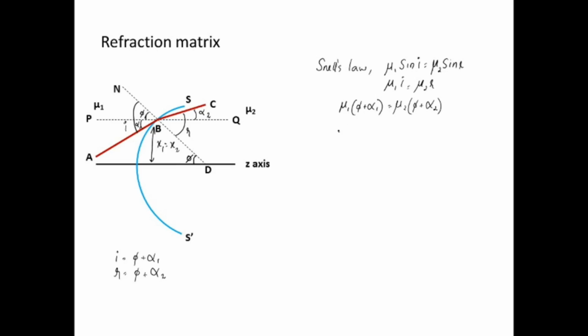I can write mu1 phi plus mu1 alpha 1 is equal to mu2 phi plus mu2 alpha 2.